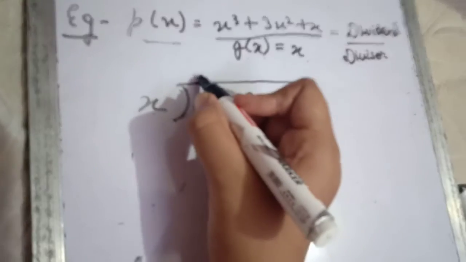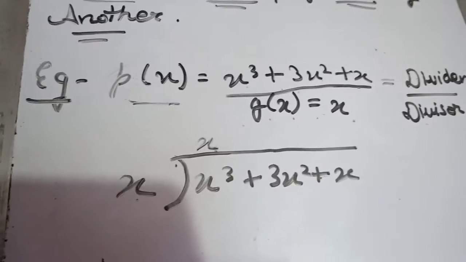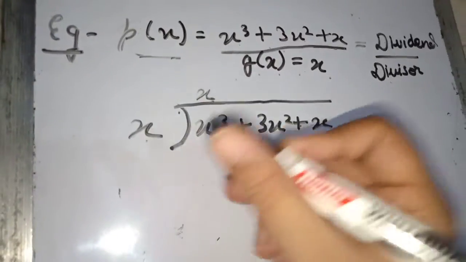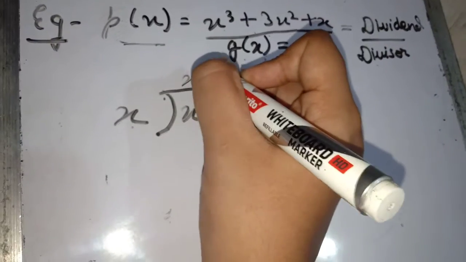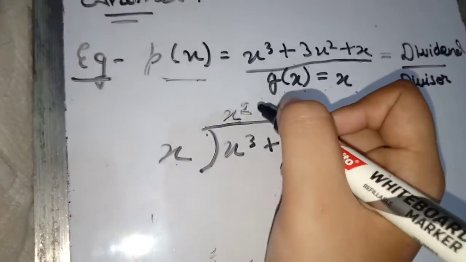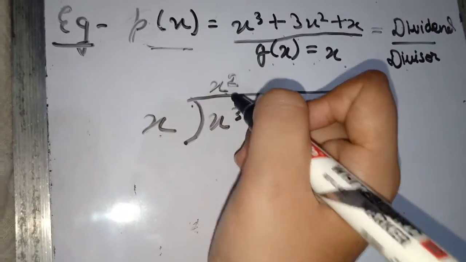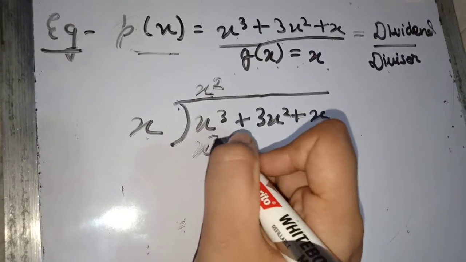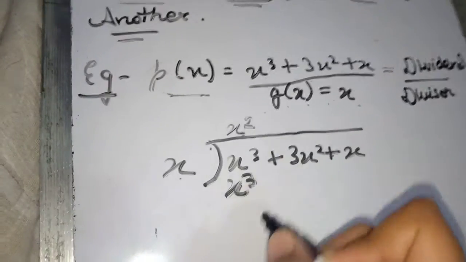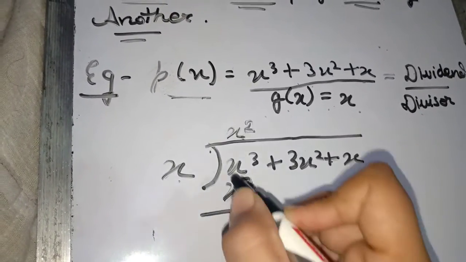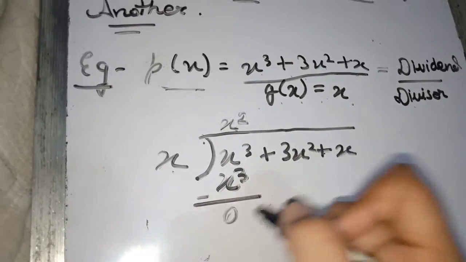Now x, if we take x square, so we have taken x square. Now x into x square will be x cube. Now we will do minus. Now it will be cancelled out, so it will be 0.